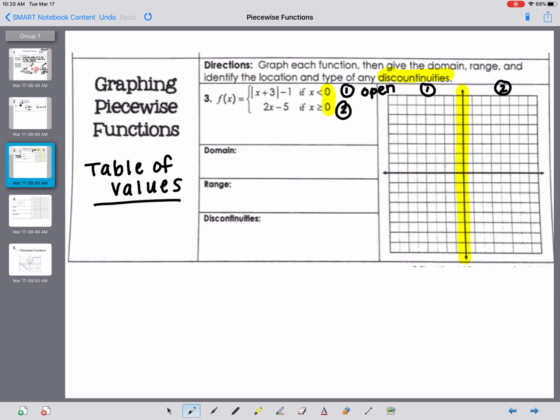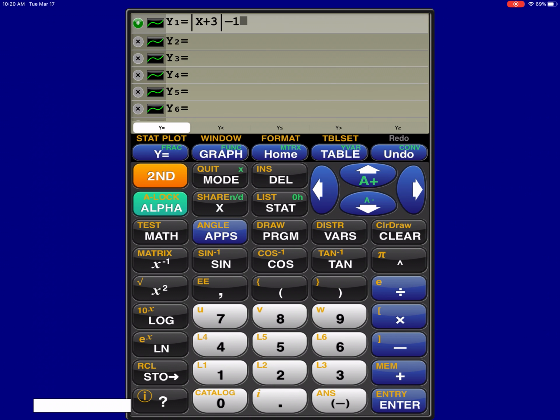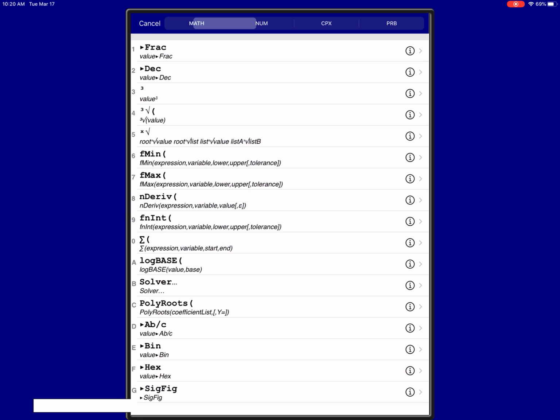This is where I'm going to go into my calculator. Go to your y equals. I have this weird calculator for my iPad, but go into your y equals and type in your function. This one's the absolute value of x plus 3, minus 1. If you don't know how to get to the absolute value, it should be in the math feature on your calculator screen.